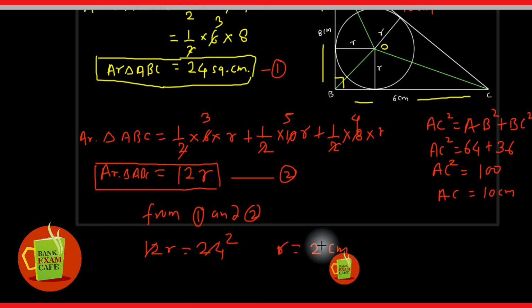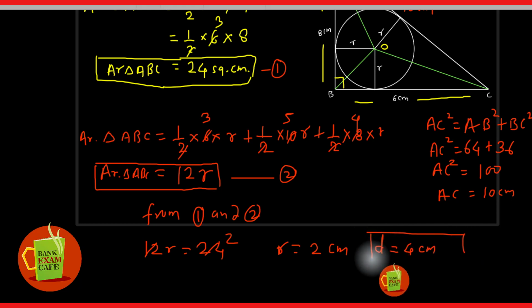And since the radius is 2 centimeter, we have to find the diameter of the circle inscribed in it. So diameter will be equal to 4 centimeter, and so at the end write the answer that the required diameter of the circle is 4 centimeter.